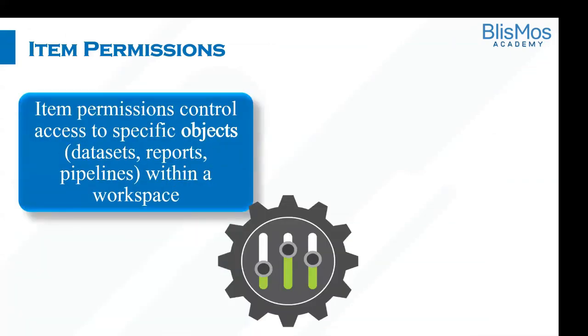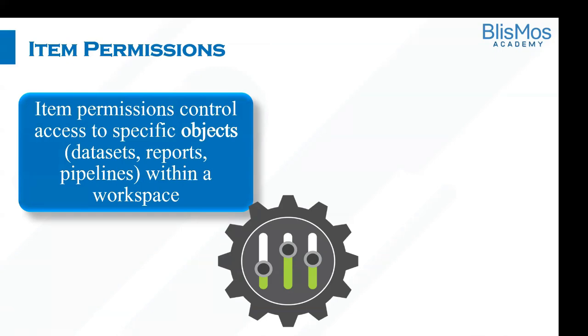Now we'll move on to the item. One very important thing: do we have an item within the workspace, or a workspace within the item? Item within the workspace. Okay. So now we have already defined the roles and access at the workspace.